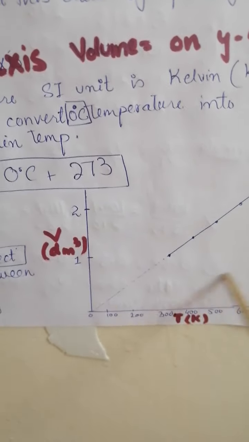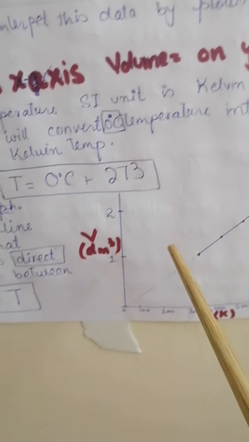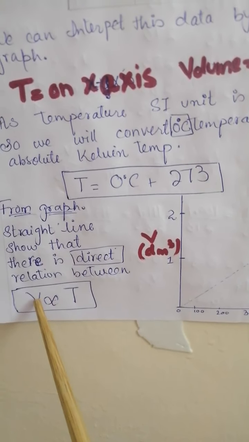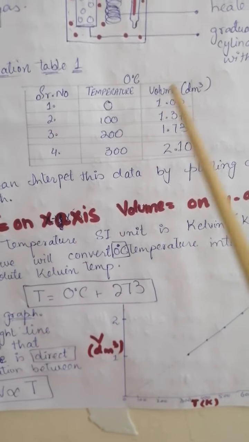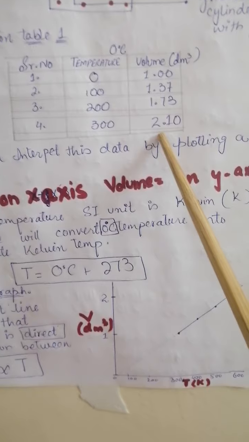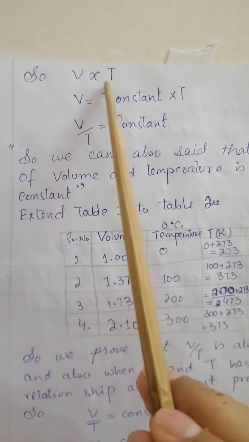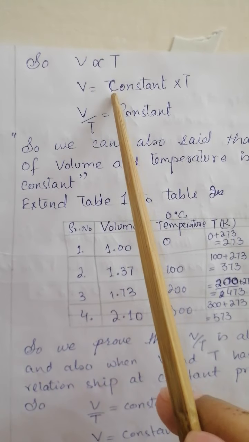In the graph you see a straight line. This straight line represents that there is a direct relationship between volume and temperature, meaning as temperature increases, volume increases. So we conclude that volume is directly proportional to temperature, and by removing the proportionality sign, we put a constant here.